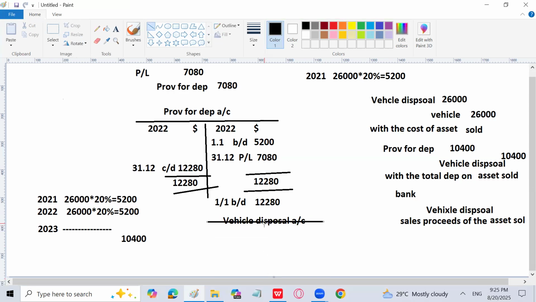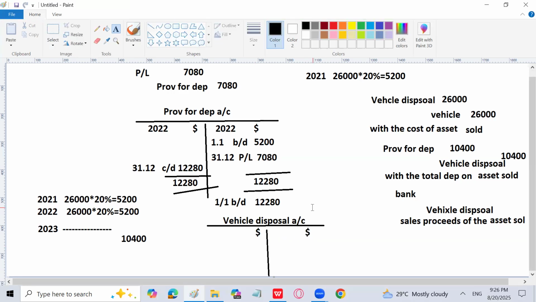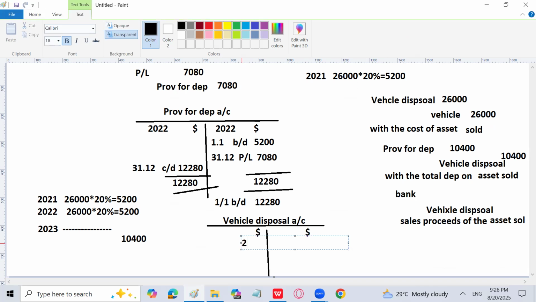The vehicle disposal account, I'm going to prepare quickly in front of you. So let's pass the entries. Obviously, T account is prepared after entries. And because we are preparing vehicle disposal account, in the first entry, vehicle disposal account is there. Yes, it is there. It is debited with 26,000. So I will write the amount on the debit side, 26,000, and the name will come of the opposite side, which is vehicle.